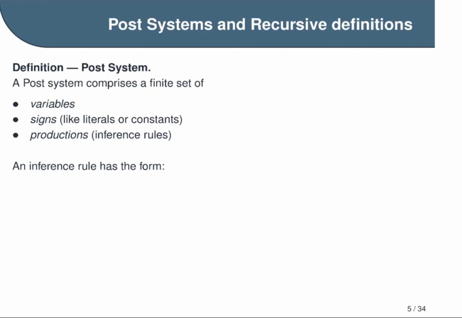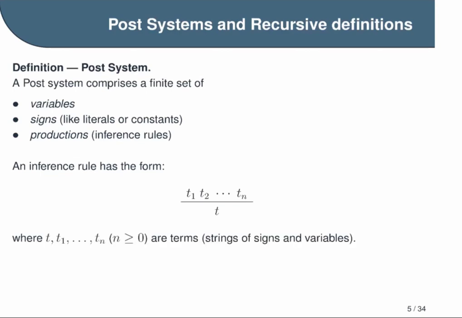So an inference rule looks like this. It has some number of terms on the top and a term on the bottom. And so we label the terms on the top T1 through Tn, and then the one on the bottom we've just called T. And what these are is we say, well, T1 through Tn, for n greater than or equal to 0, they are all terms, which means they are strings of signs and variables.